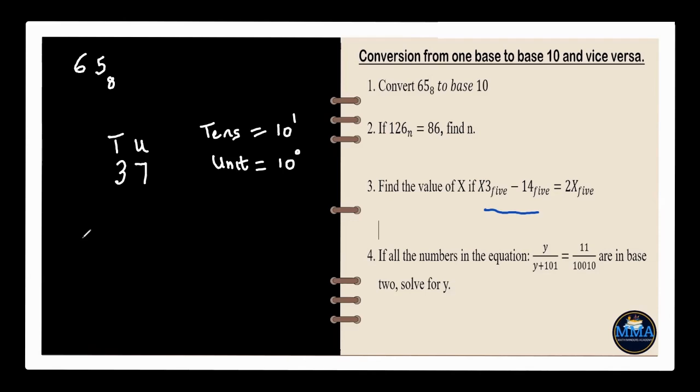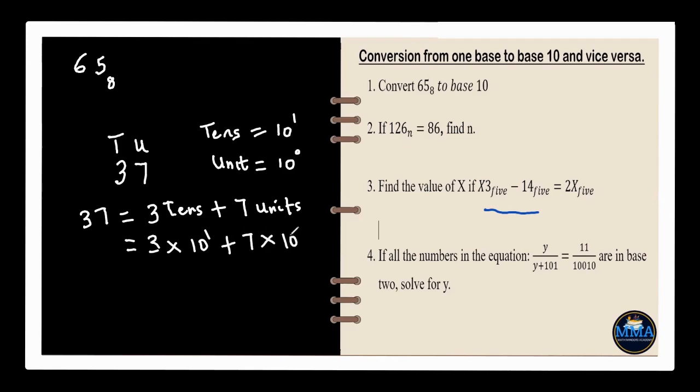So now, in expanded form, this 37 is written as 3 tens plus 7 units, which we can write as 3 times 10 raised to power 1 plus 7 times 10 raised to power 0.